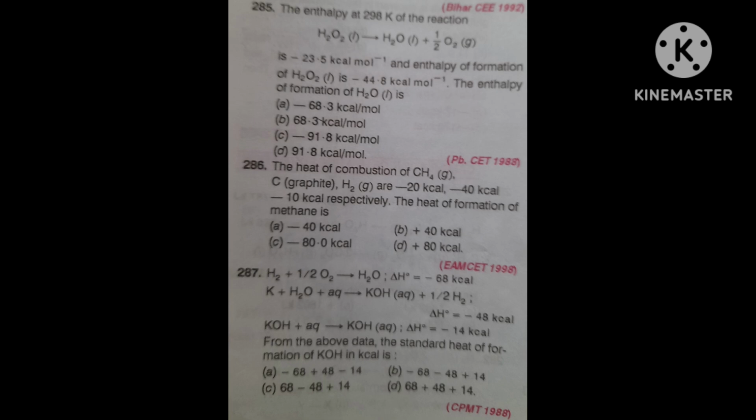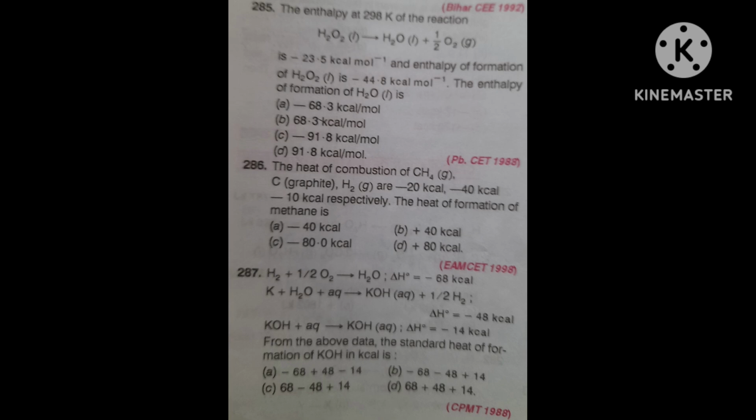Consider the reaction: the reactant is peroxide and the product is H2O liquid. Only this reaction will tell you all the things. You will get it by seeing this reaction only.